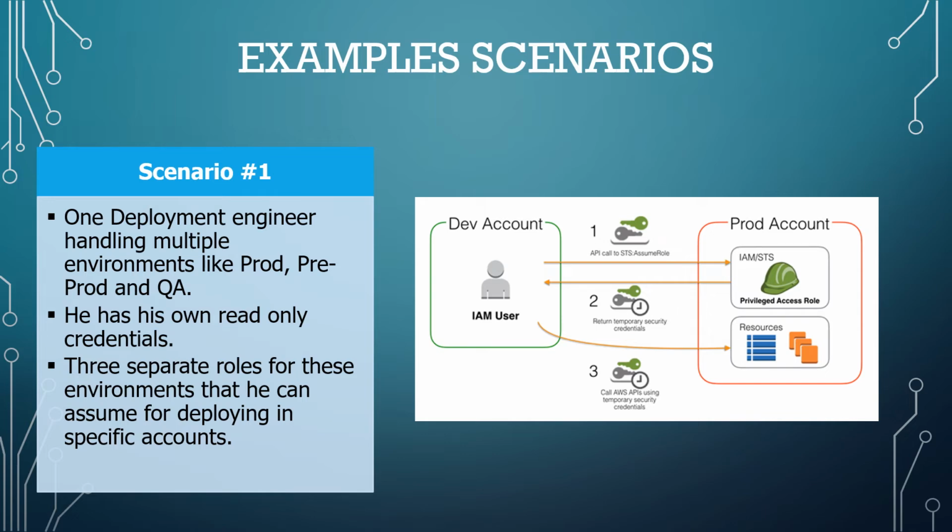If he wants to deploy something to the production account, which he currently does not have access to, he can assume the role for some time for the production account. Whenever he wants to deploy or update a particular service, or do any such job, he can go ahead and assume that role. He will get the temporary credential for that, finally be able to do his job, and after that he can return to his normal IAM user state.